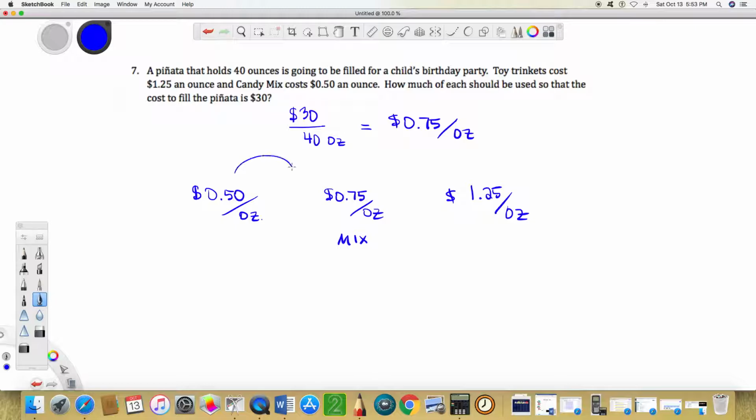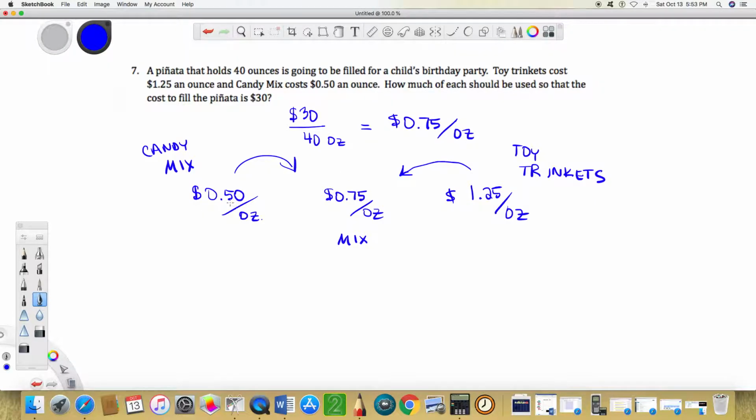Because these are our ingredients. These are the things that went into the pinata. The candy mix, and the toy trinkets. So how much of each should be used?